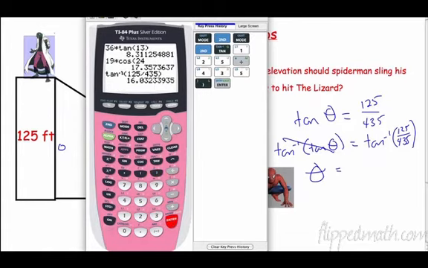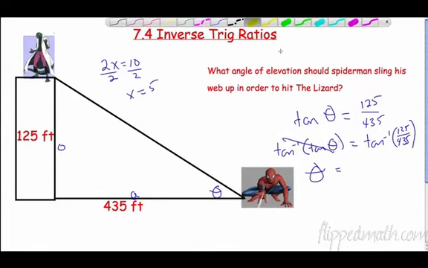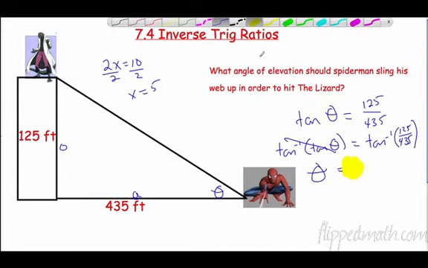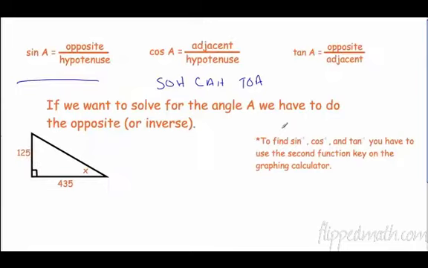So the angle would be 16.0, or 16 degrees. That one wasn't so bad at all. So that was 16 degrees.